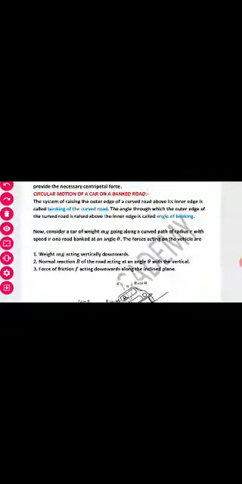The next example is circular motion of a car on a banked road. So this is also very simple. You can do it by yourself also. You just have to divide the components. This is very much the same as that. The only difference is that the car is not on a level road, it is on an inclined road, doing the same circular motion, but here the direction will change.